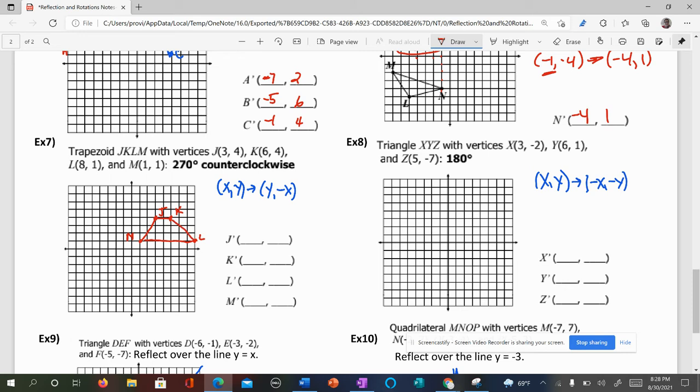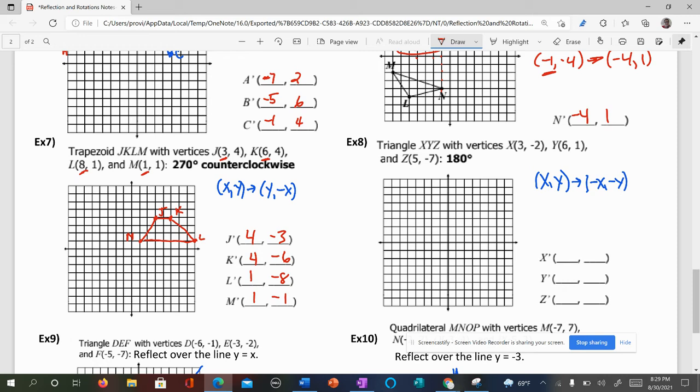Okay. Now, let's practice this. 90, 180, 270. So it's going to end up in quadrant 4 if we do this properly. Now, remember, you're going to flip them and change the X to the opposite. So I'm going to change that one, that one, that one, and that one. Okay, let's write these out. So it turns to 4, -3, and 4, -6, and 1, -8, and 1, -1.